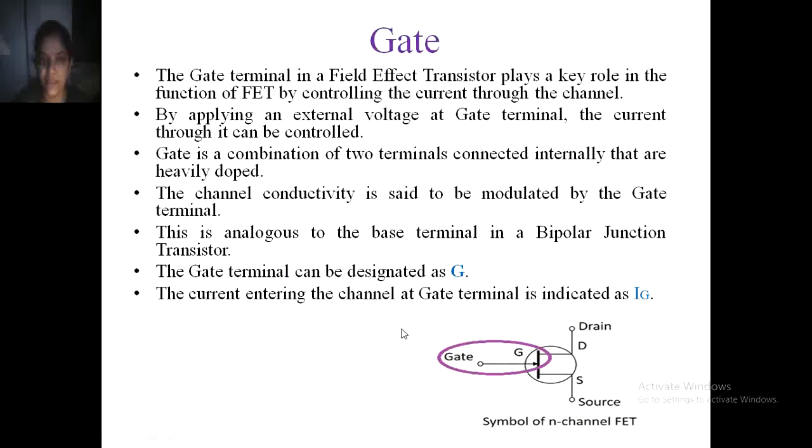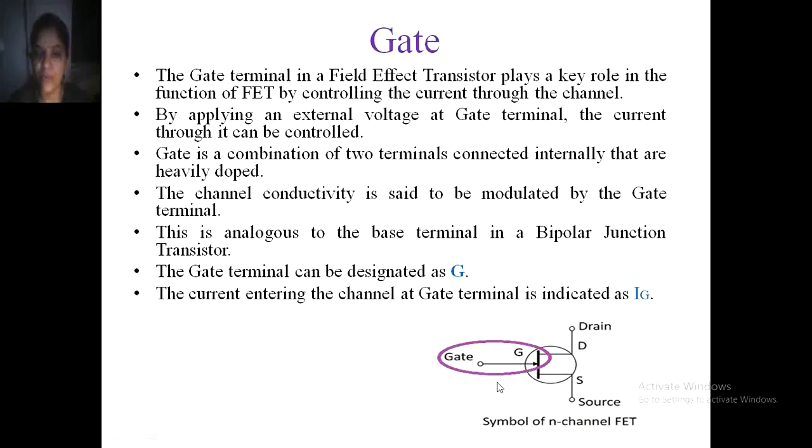Then the gate. The gate terminal plays a key role in FET function: controlling the current through the channel. By applying an external voltage at the gate terminal, the current through the channel can be controlled.